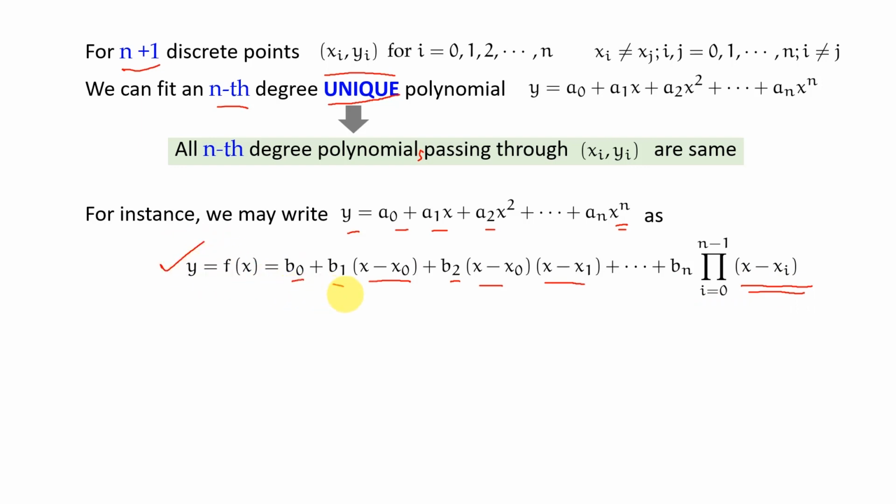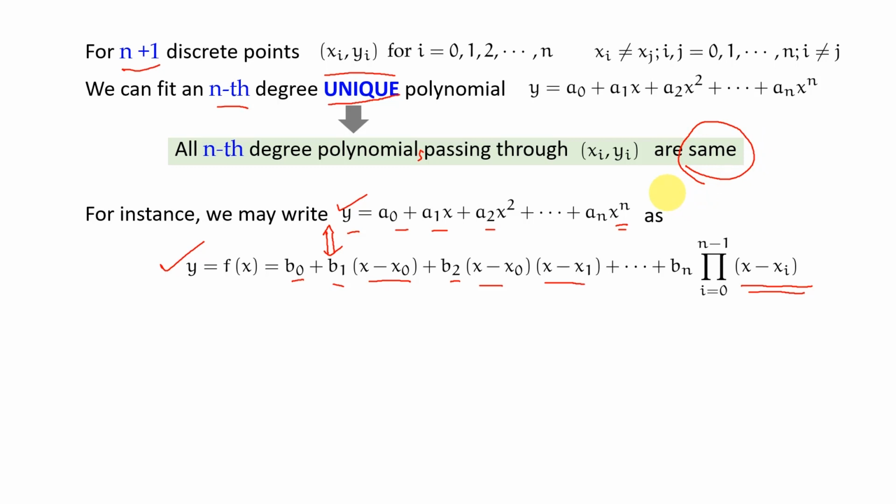So essentially this particular expression, b0 plus b1 into x minus x0, etc., is also an nth degree polynomial, same as y equals a0 plus a1x, etc. So these two are nth degree polynomials, and if these two polynomials pass exactly through these xi, yi points, that means these two polynomials will be exactly the same. They mean the same thing.